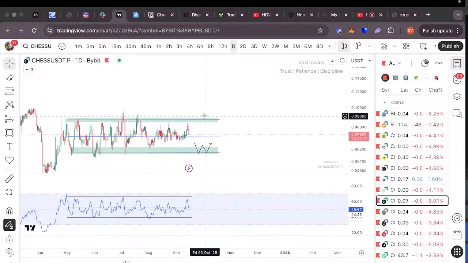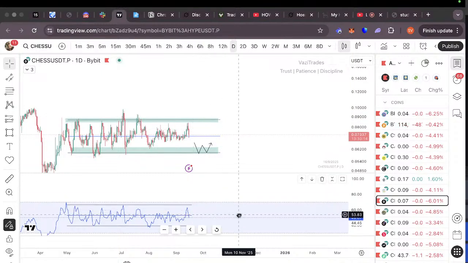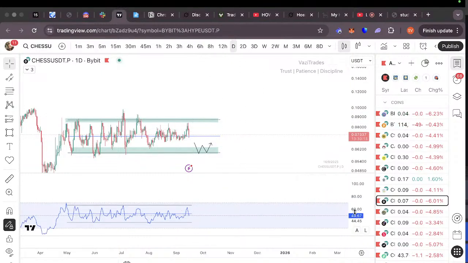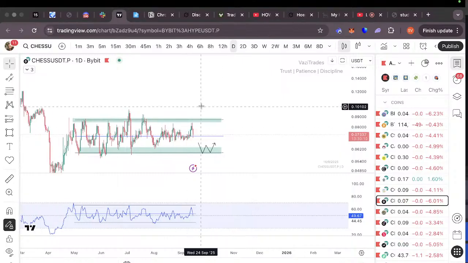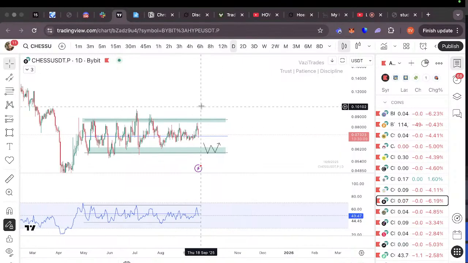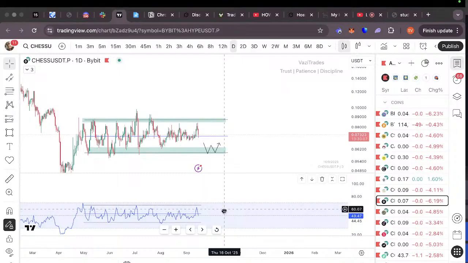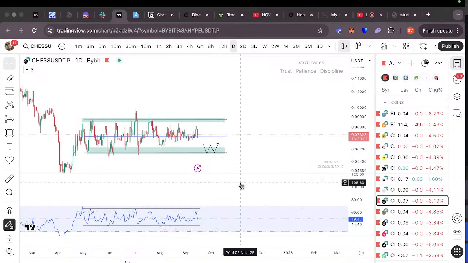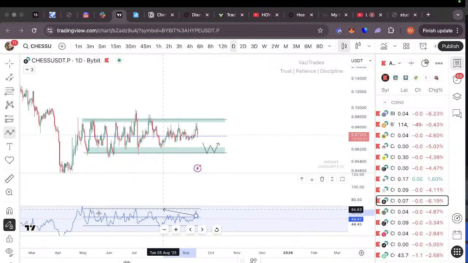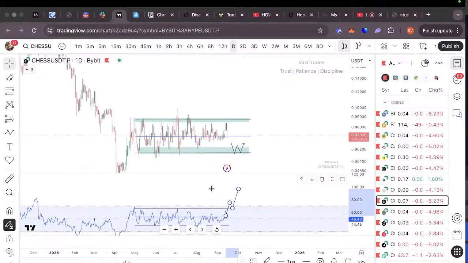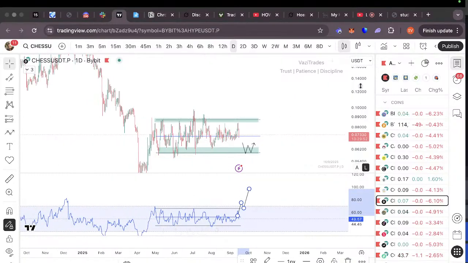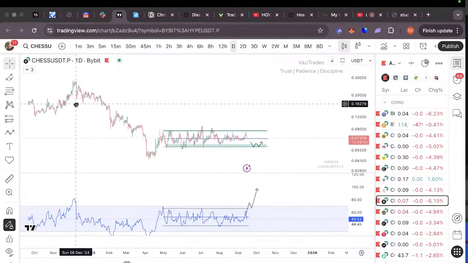Either it will again reject, or as a bullish trend continuation and breakout confirmation, you can use RSI. On RSI, you should see a breakout of this channel, ideally a breakout above 70. It will just give you bullish momentum.